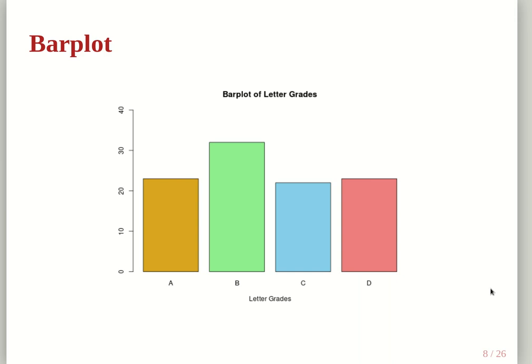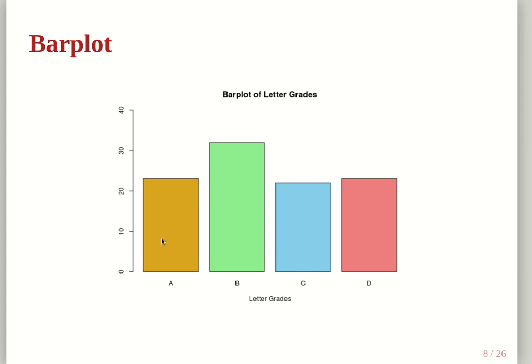So here we have a bar plot. A bar plot is a type of plot that has this name because each individual bar represents a different category. They might follow an order, like it is the case here, so we know A, B, C, D are letter grades that follow a general order. We know that an A is greater than a B and so forth, and vice versa. We know that a D denotes a lower grade than a C and so forth.